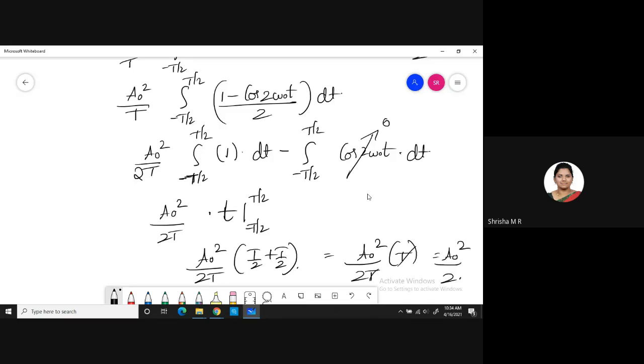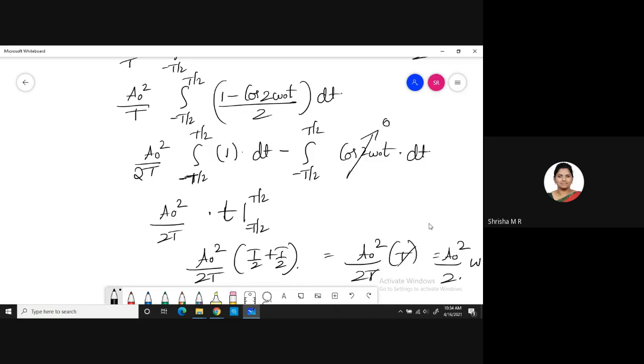Clear, everyone? Watts. So the power of our sine waveform is A naught square by 2.